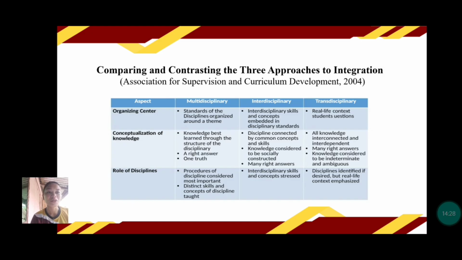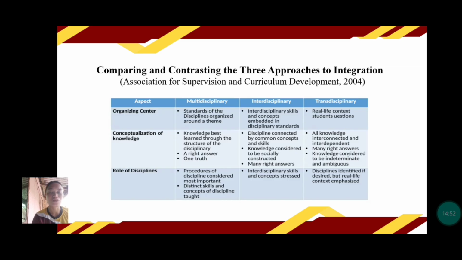While in transdisciplinary, all knowledge is interconnected and interdependent, with many right answers, knowledge considered to be indeterminate and ambiguous.